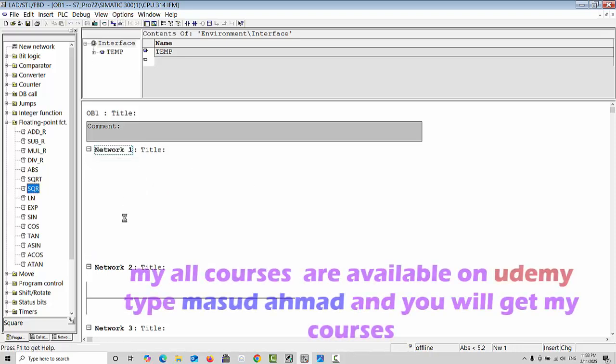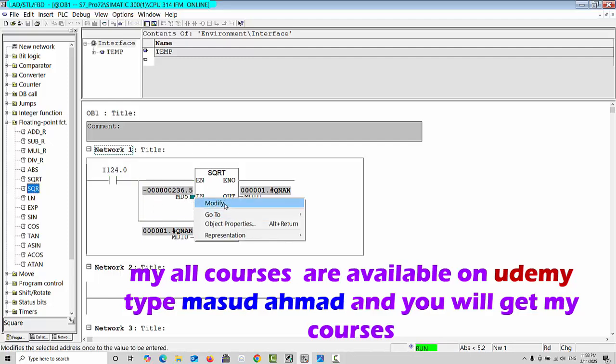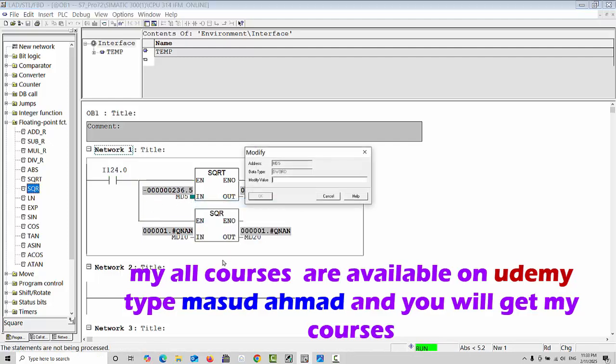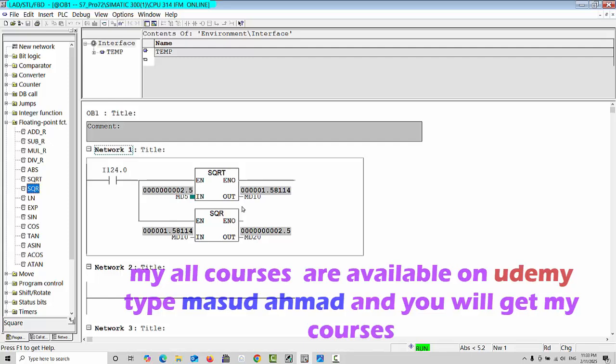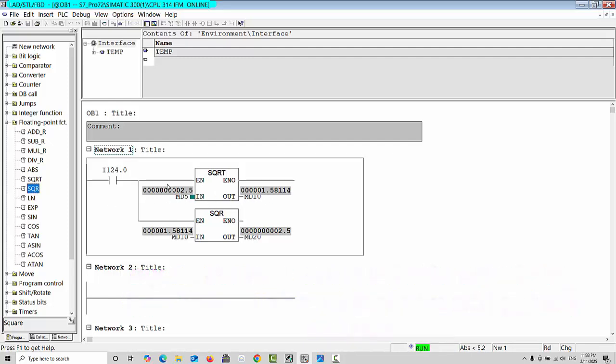Click on monitor, and here, for example, we will modify the value, very simply 2.5. If I enter the value, you can see this is the square root. The square root of 2.5 is how much? 1.58114.